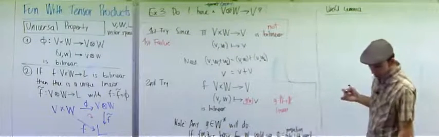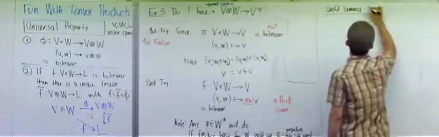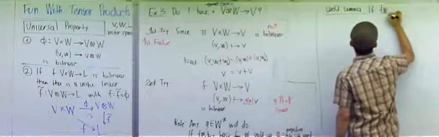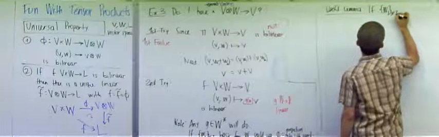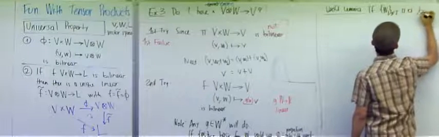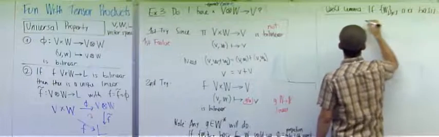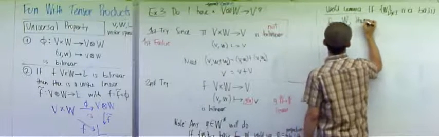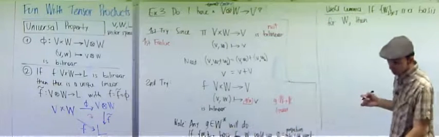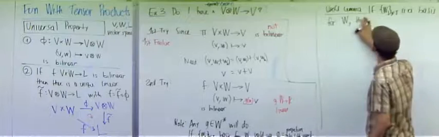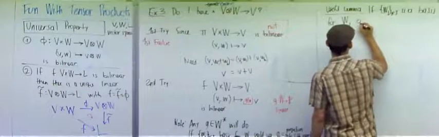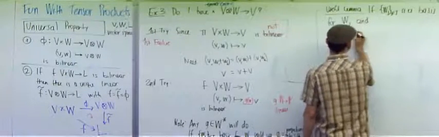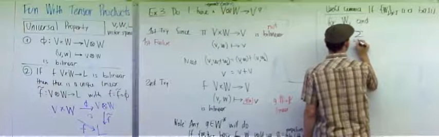Let's say that you have a basis for W, and let's suppose that you have something like this.